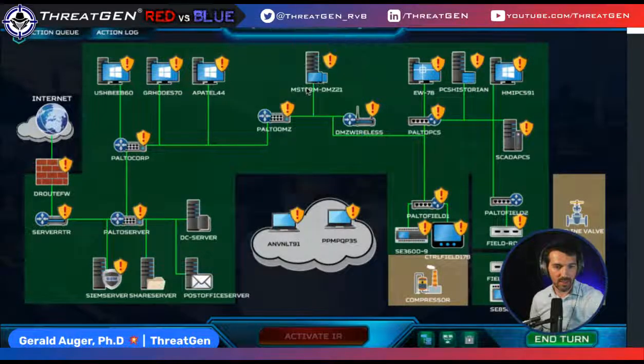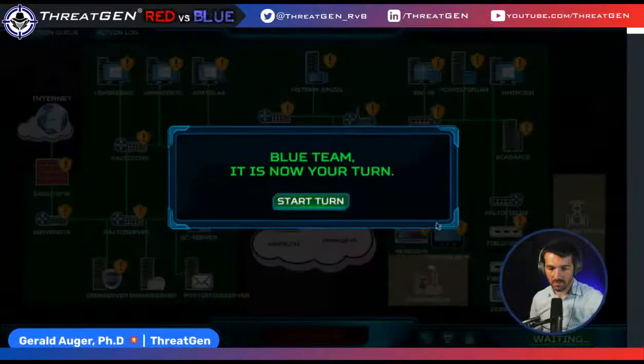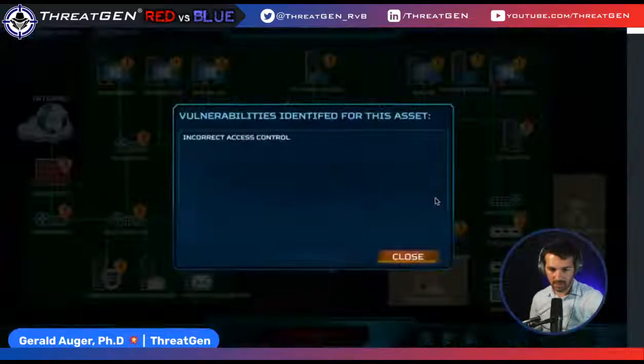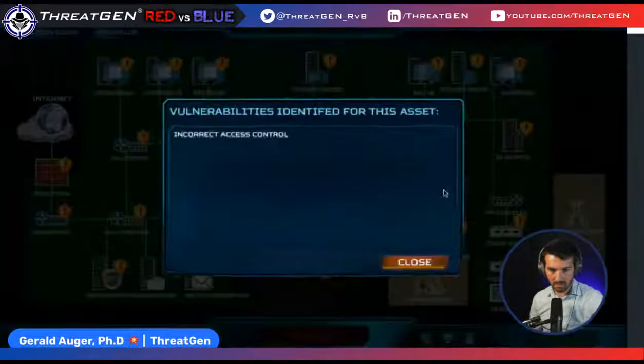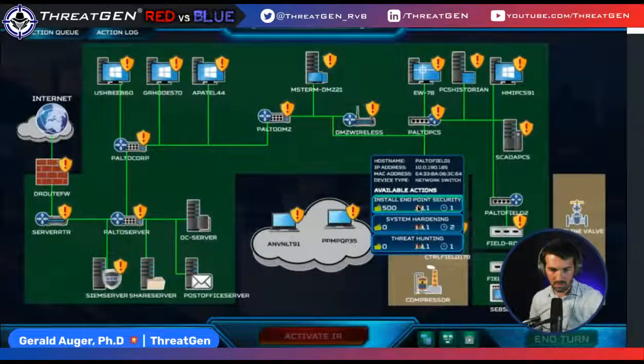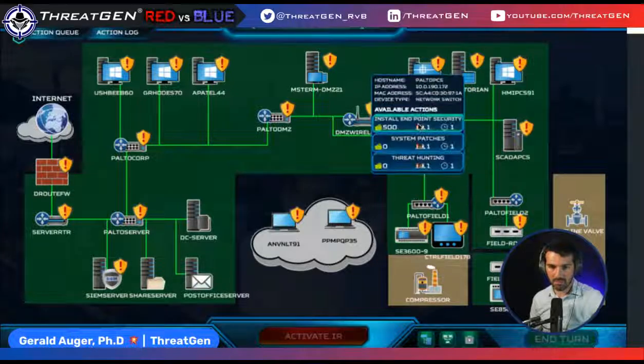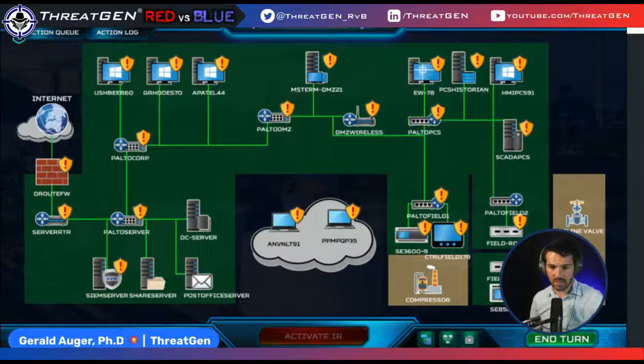Yeah, I feel like we need EDR on this thing and patch it because it's definitely sensitive. Okay. System patch. Good. All right, now can we harden this thing? System hardening. Yeah, okay, so EDR and hardening in front of this thing. I really feel like I should have hardened this too. EDR on this guy.